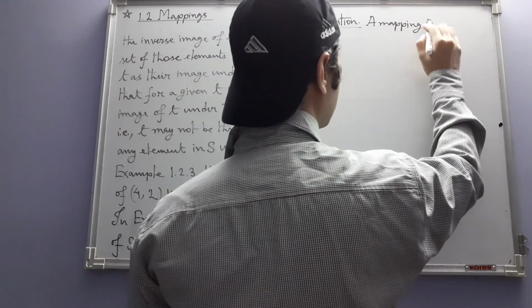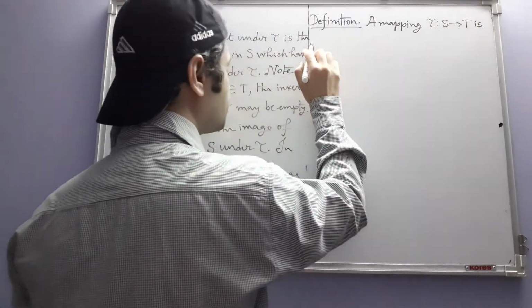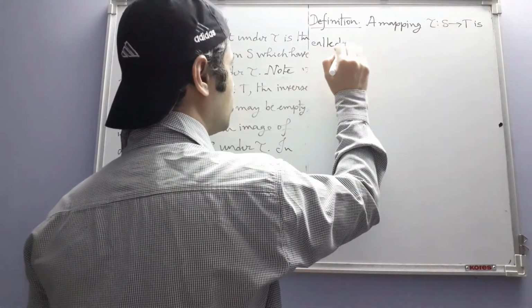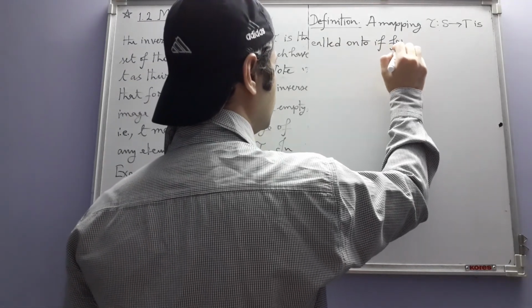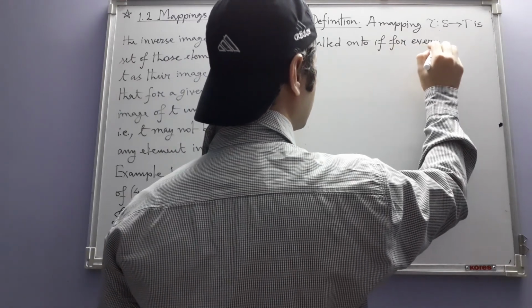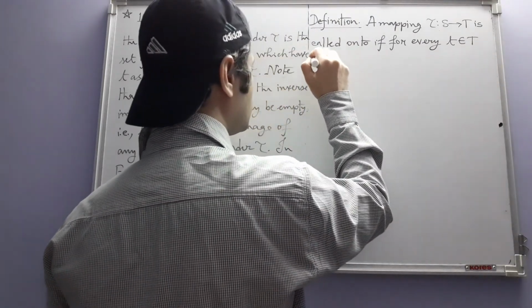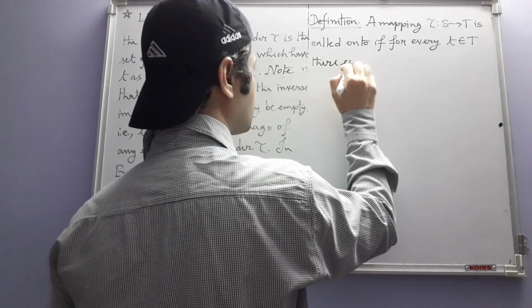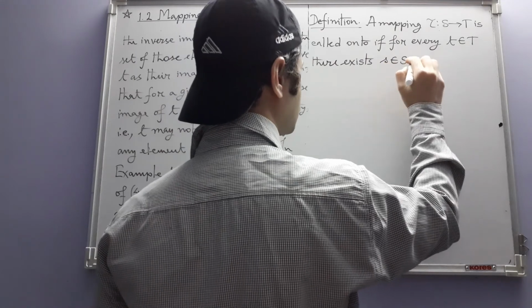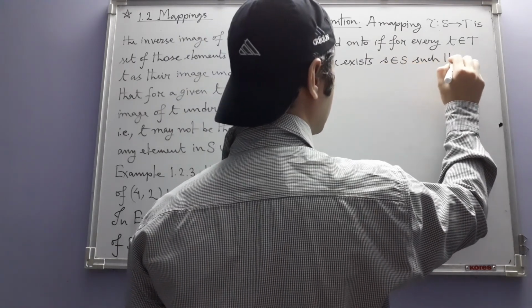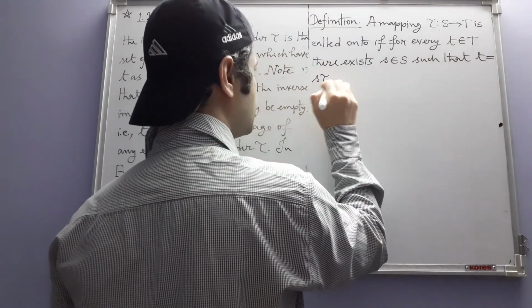A mapping tau from S to T is called onto if for every t belonging to T there exists s belonging to S such that t is equal to s tau.